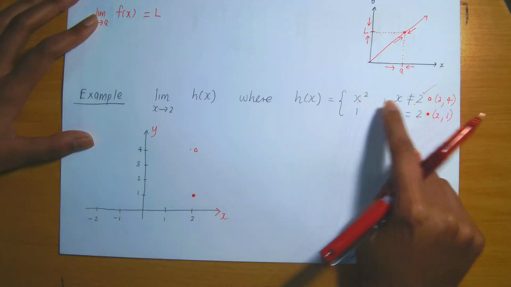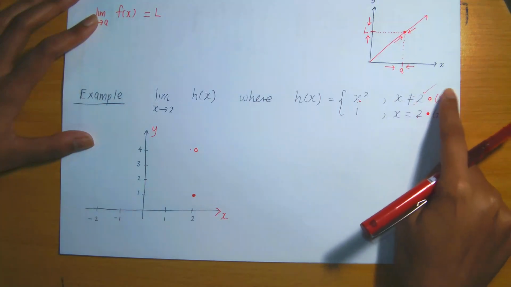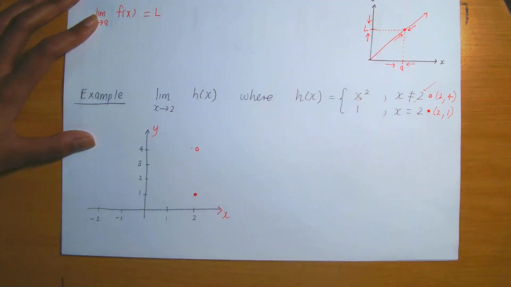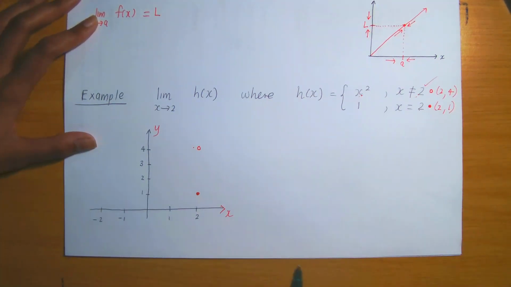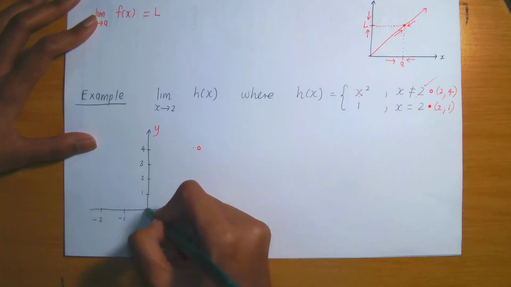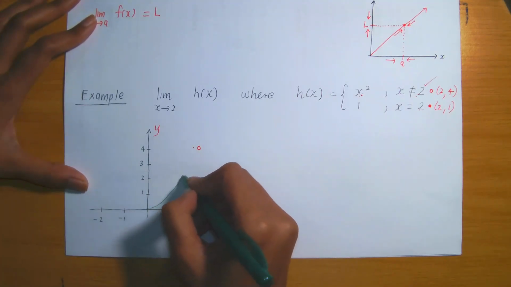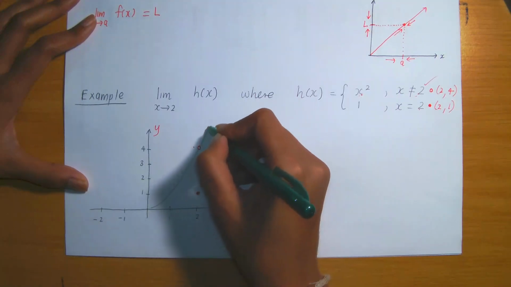I have to draw x squared and ensure that that point is the open dot which I've already put in there. So let's draw x squared. That's just the basic parabola. Let me draw the first half here, and then that continues.